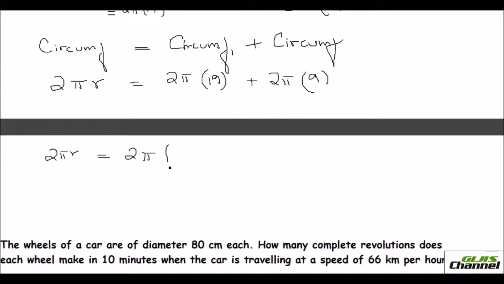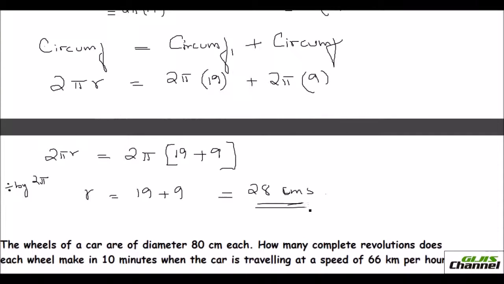I take that out, so I'll be left with 19 plus 9. Now divide throughout by 2 pi. So what happens? You would be left with radius equals 19 plus 9, which is equal to 28 centimeters. Okay. So you got the radius of the circle.